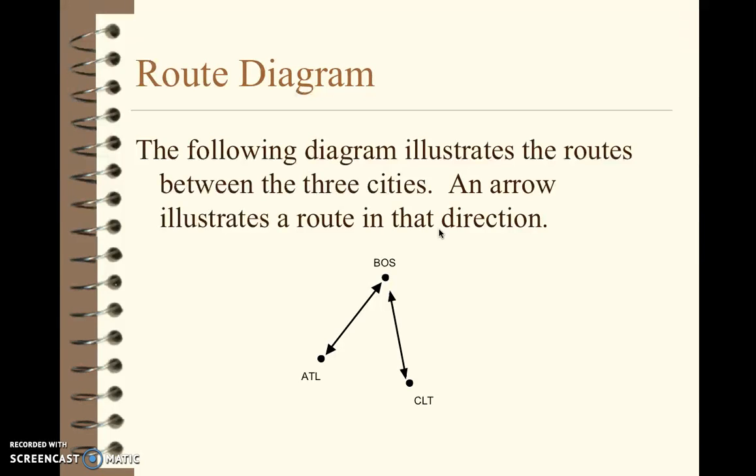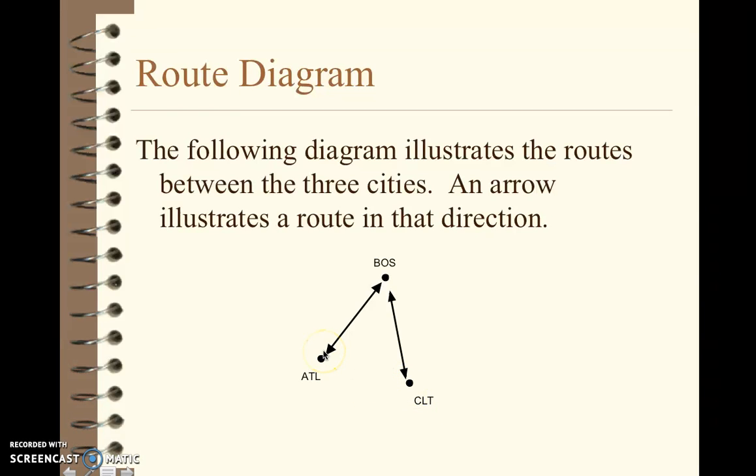So this diagram that we have here shows the routes between the 3 cities. So the arrow illustrates the route in that direction. So you can see here, we can start out at Atlanta, go through to Boston, and also there's a route from Boston to Atlanta. All right. Now there's no direct route between Atlanta and Charlotte.